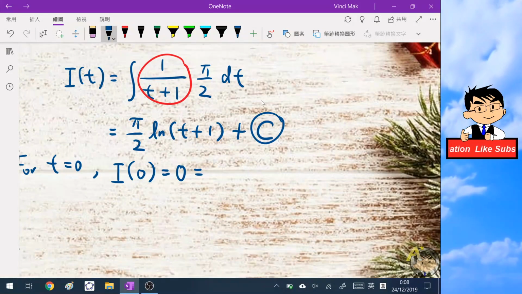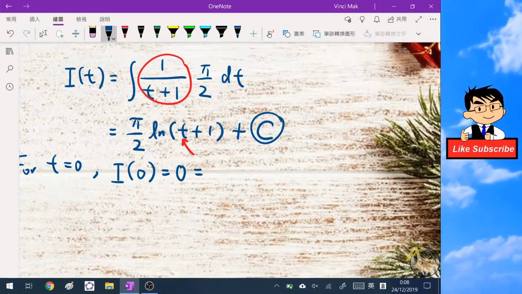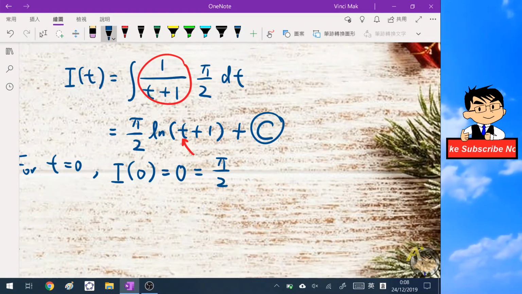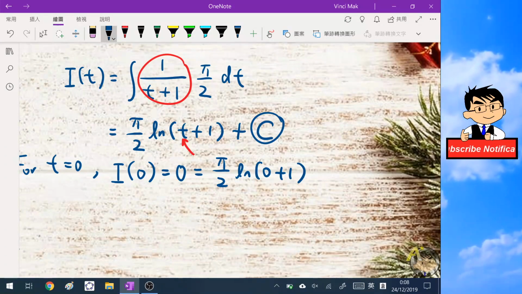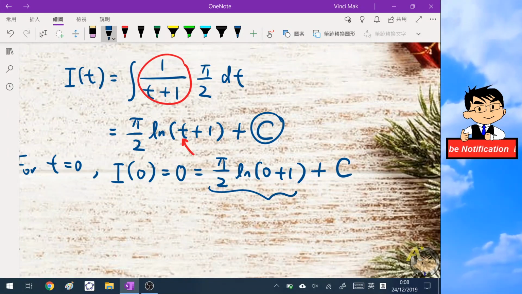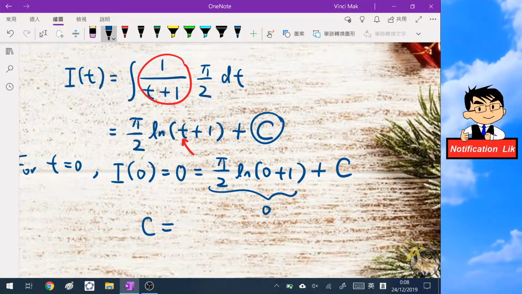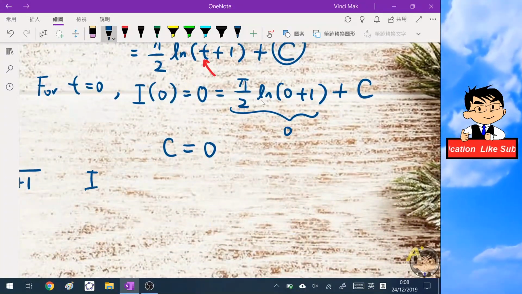So now we also put t as 0. So now we have pi over 2 times ln(0 plus 1), which is also 0, plus c. So the integration constant is 0. So now we have our result.